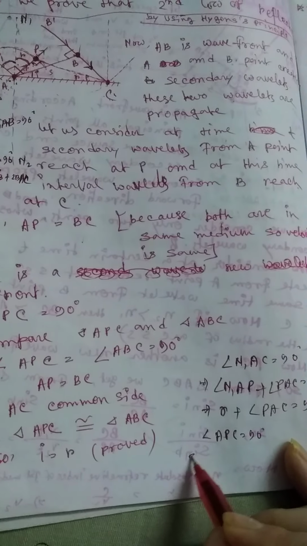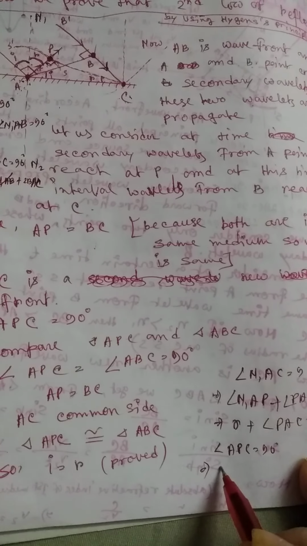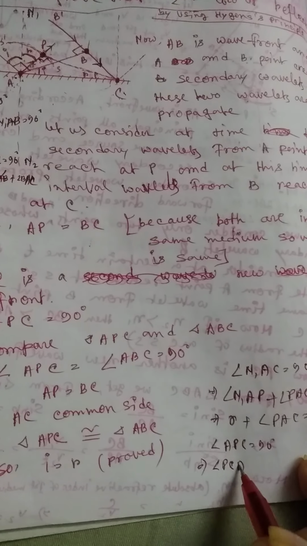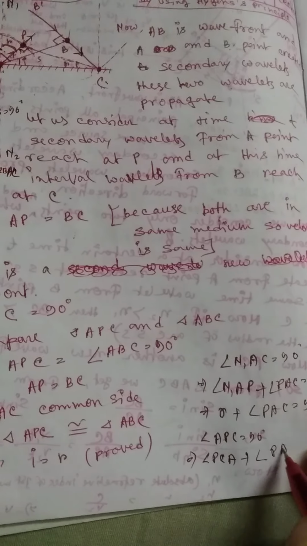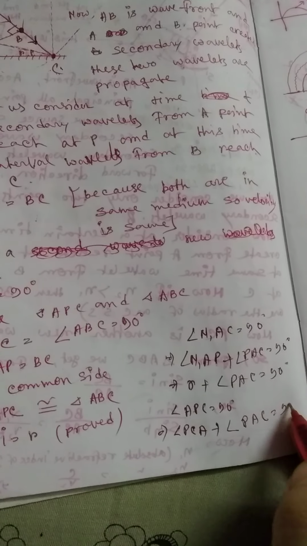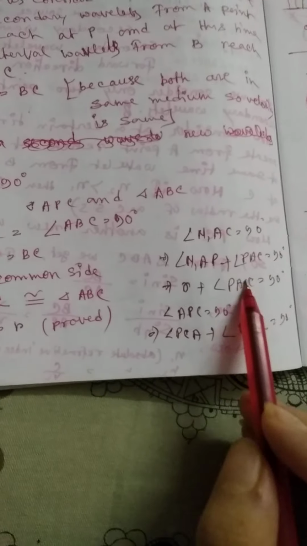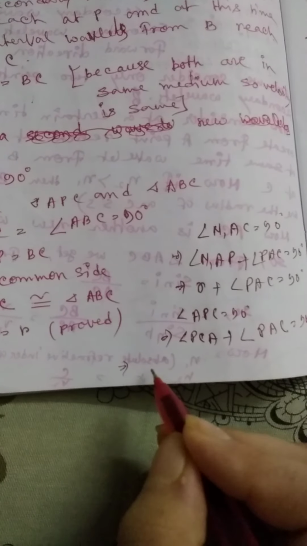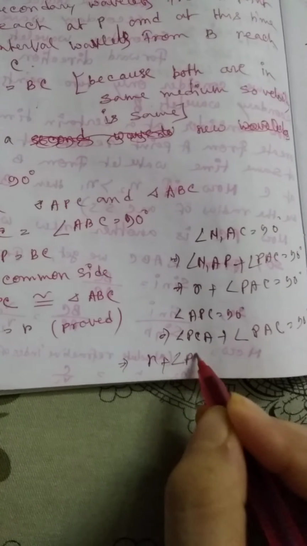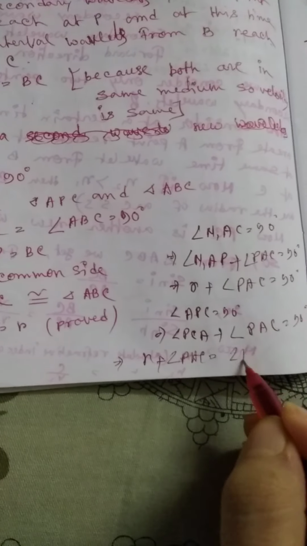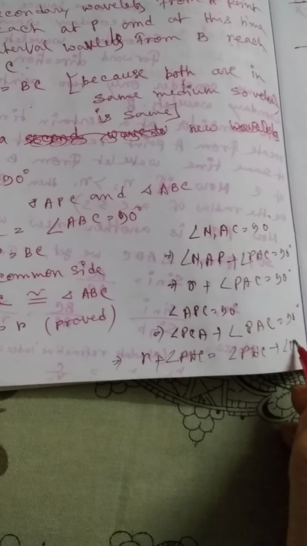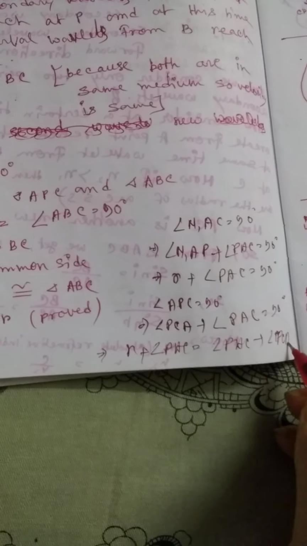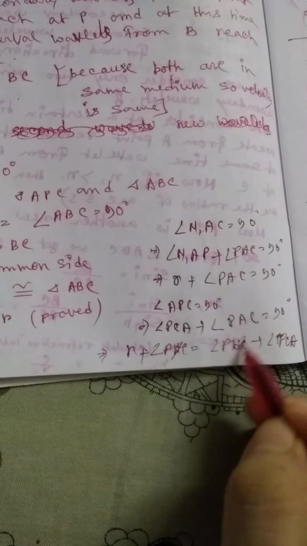That means we can also write PCA plus PAC equals 90 degree. So just compare these two, then we will get R plus PAC equals angle PAC plus PCA. So PAC cancel. So PCA equals R.